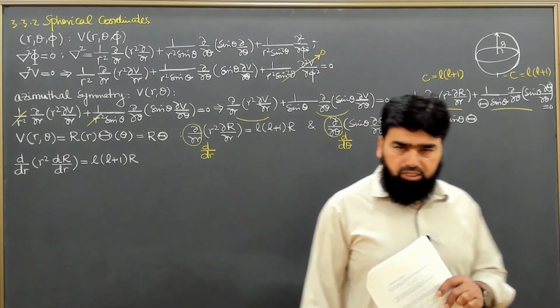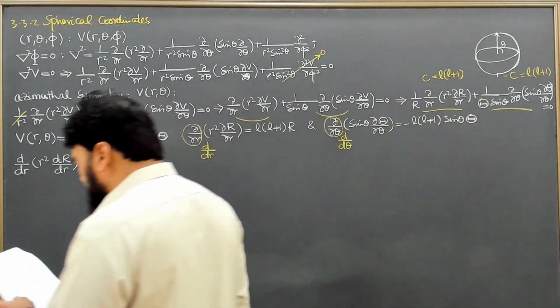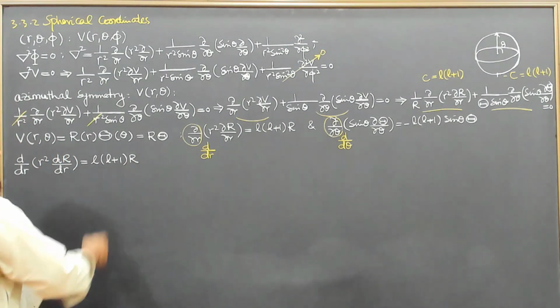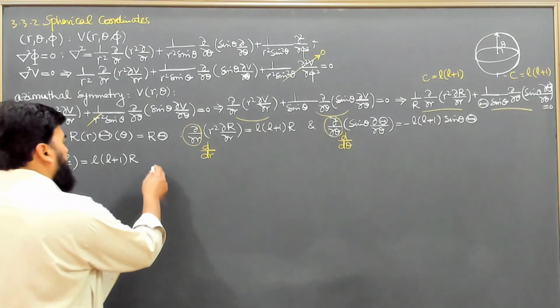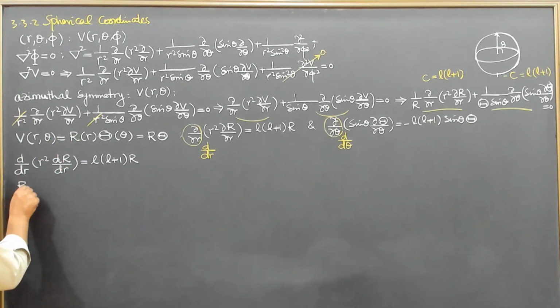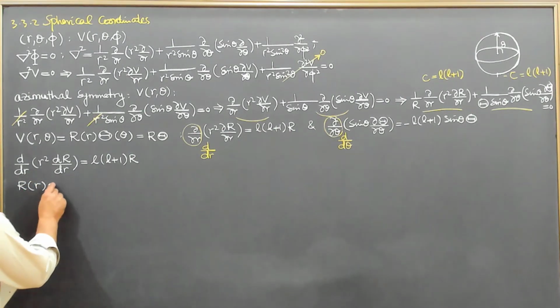However, I will discuss the solution. The solution of this equation is R, a function of r. It's a second order differential equation, and in a second order differential equation we have two solutions.